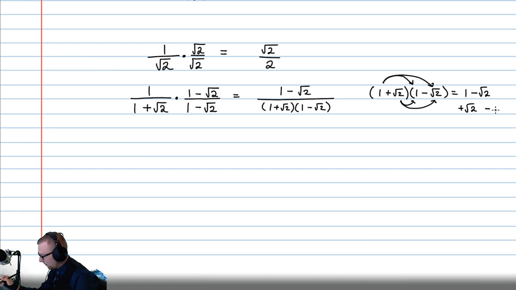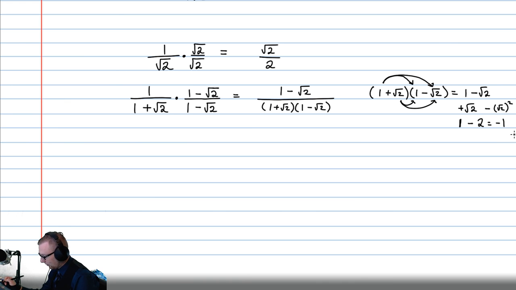And then minus root 2 squared. Right? Oh, okay. Because it's root 2 times root 2. So it will be 1 minus 2. It will be negative 1.